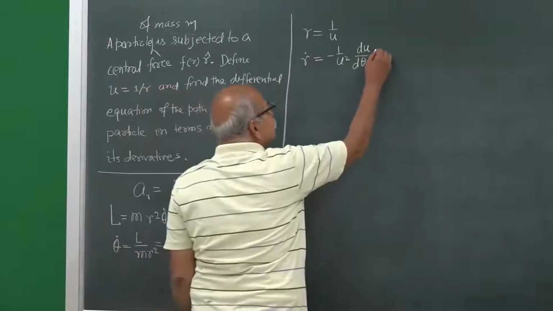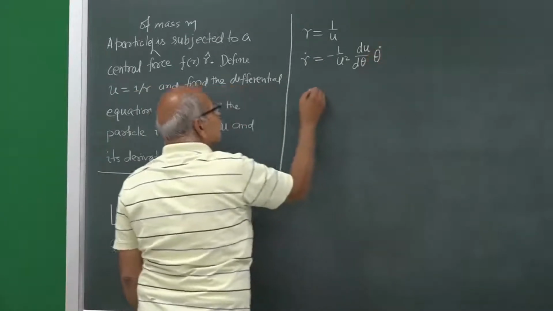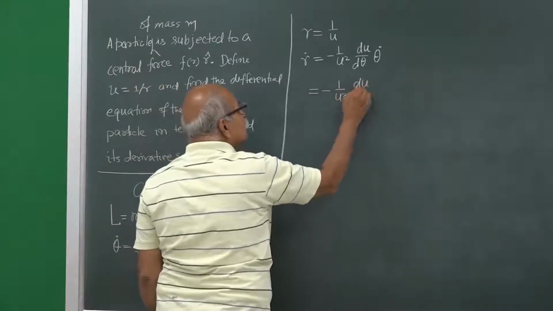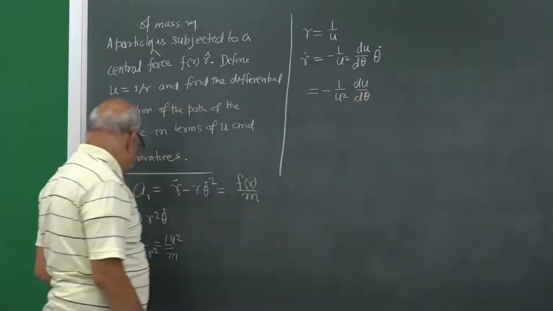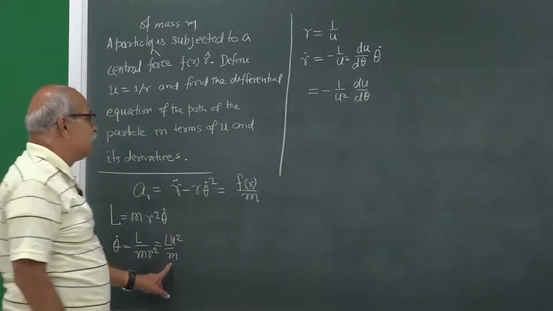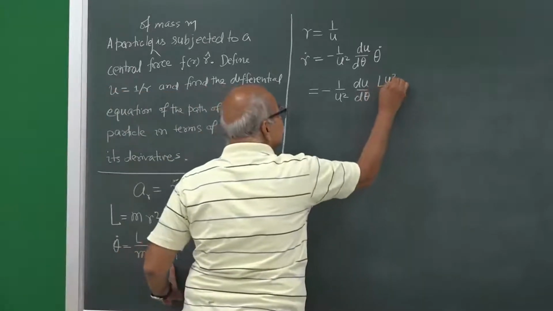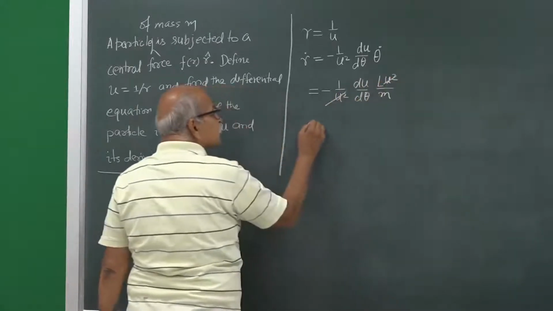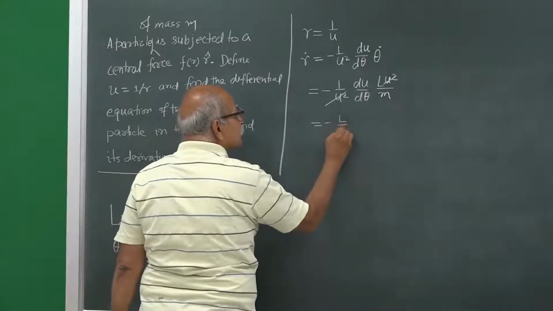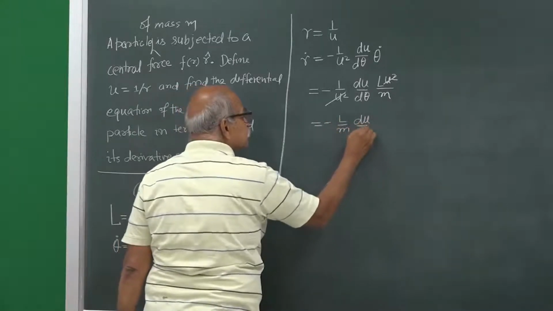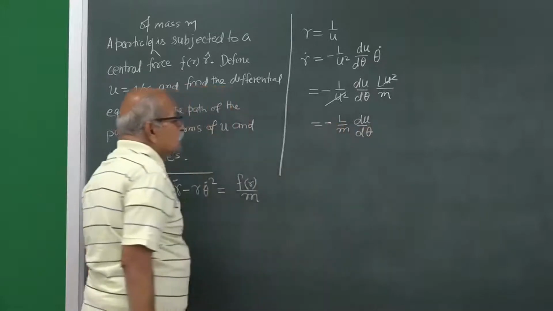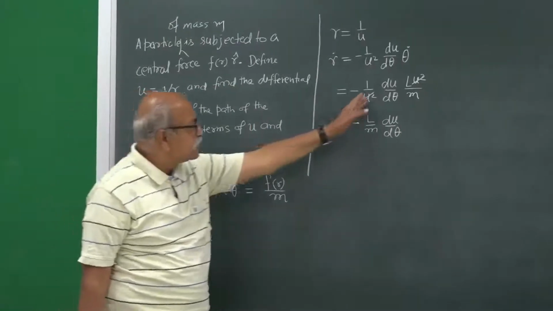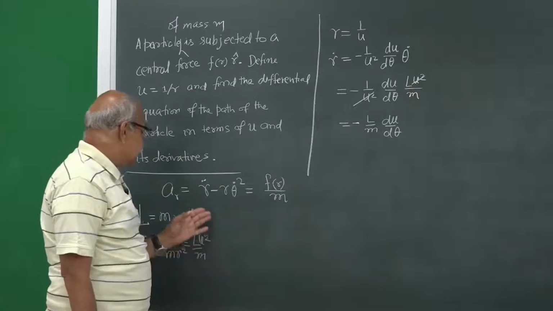So, it is this and then theta dot, and that you can write as minus 1 by u square du d theta, and theta dot is L u square by m. So, L u square by m, and this u square cancels with this u square, and you have minus L by m du d theta. So, that is the advantage of working in u. You get simpler things like this cancel out and so on. It will be clear further.